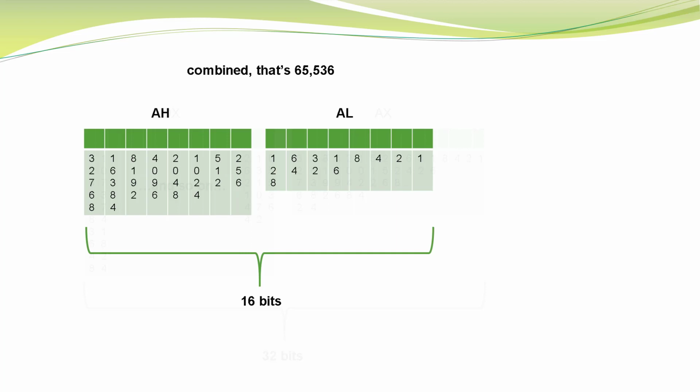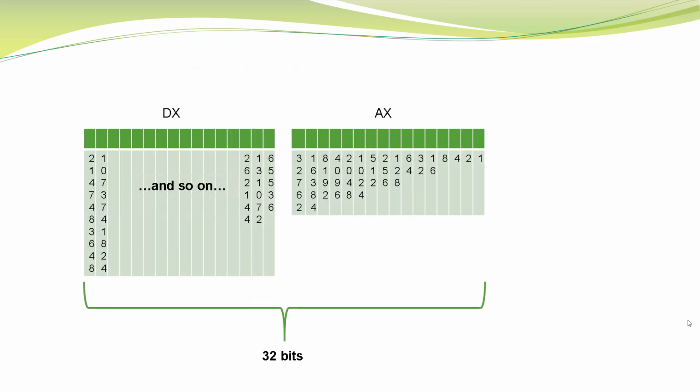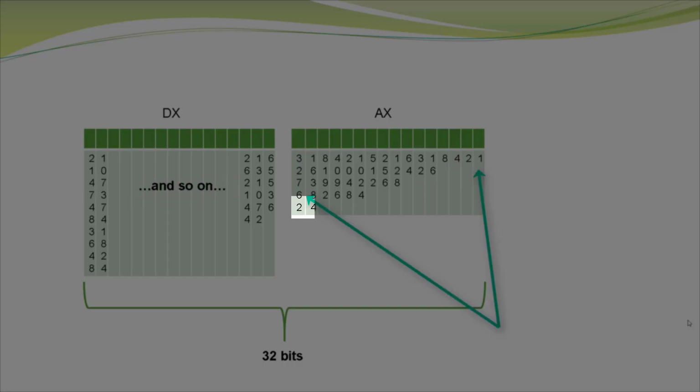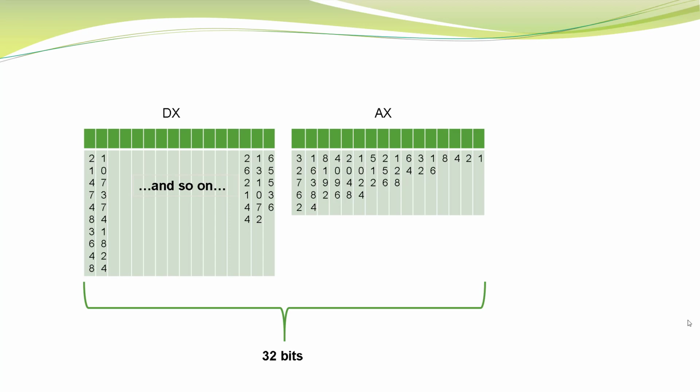Let's do something similar with the AX and the DX registers. If you look at the AX register by itself, its bit values go from 1 all the way up to 32,768. But if we chose to combine the AX and the DX registers, then the least significant bit of the DX register would be 2 times the most significant bit of the AX register.